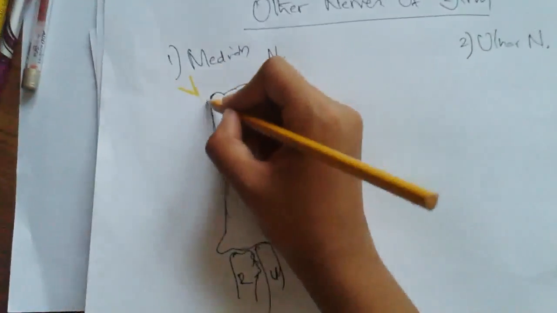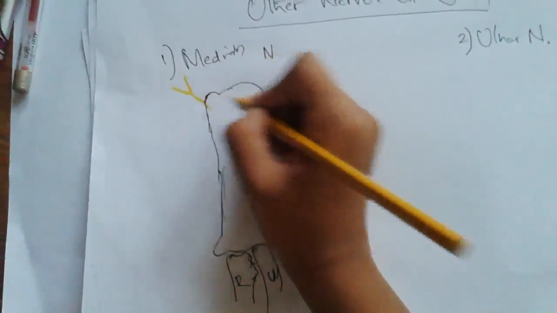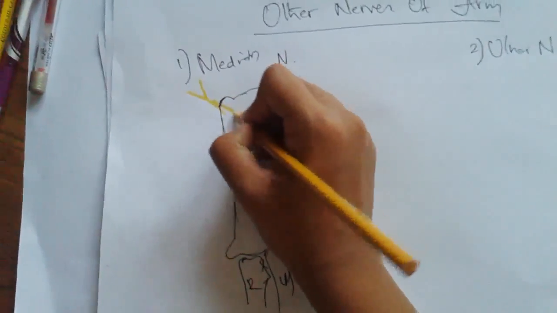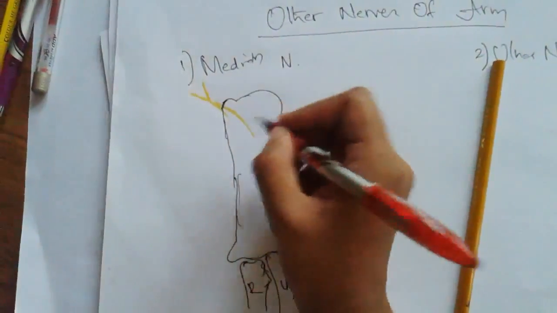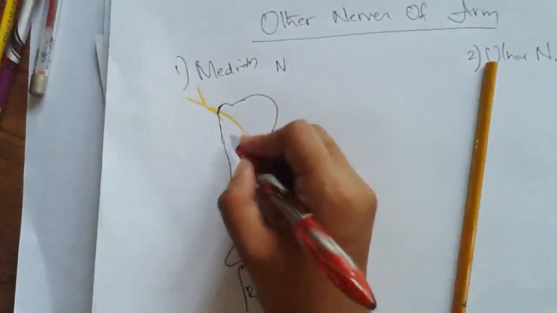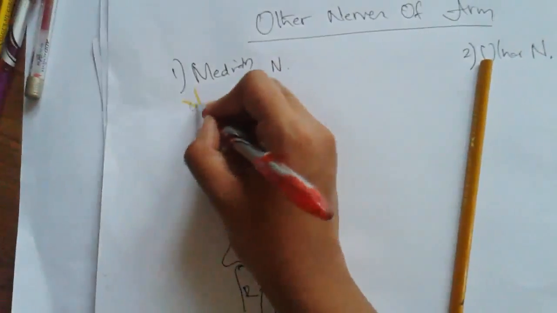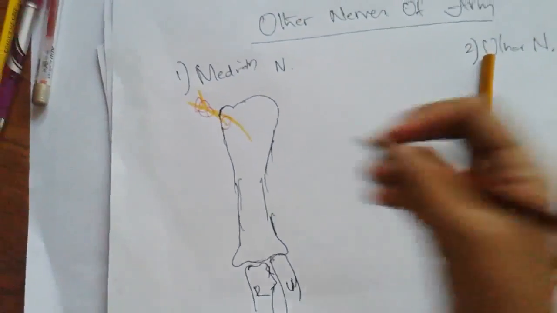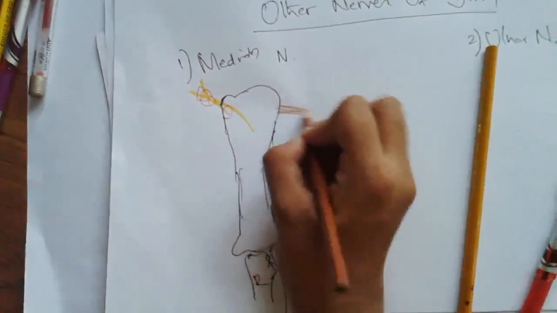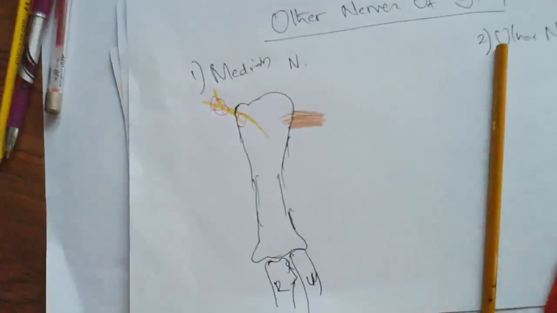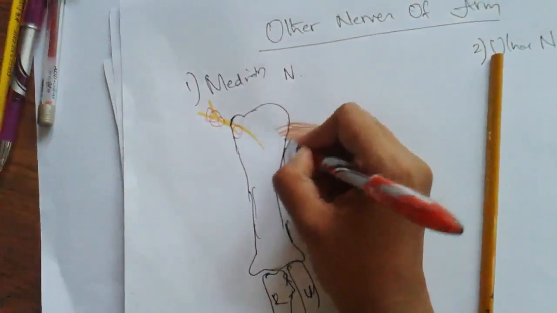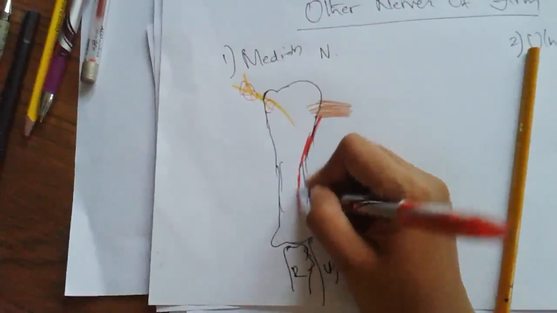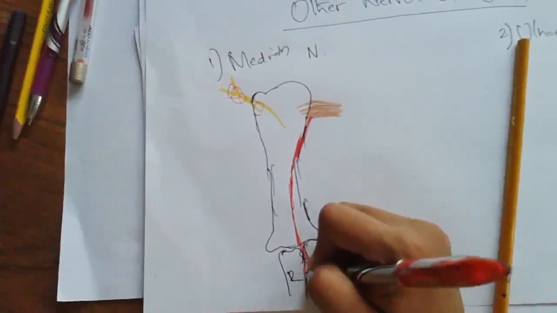So then it runs downwards, and at first, it lies lateral to the brachial artery. First let me draw the teres major for reference. This is teres major. Below the teres major there will be the brachial artery, which comes down and divides into two.